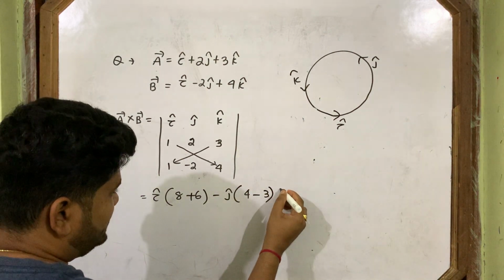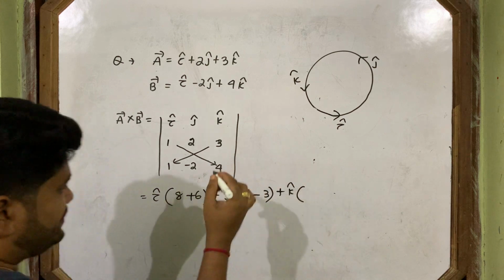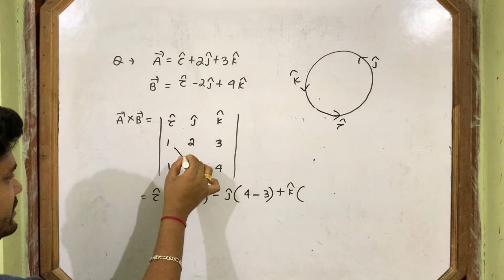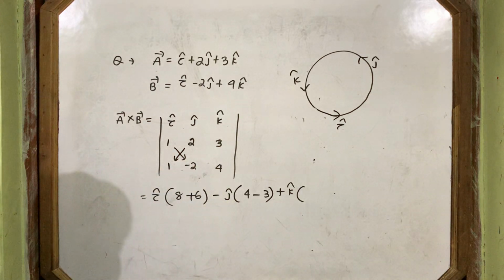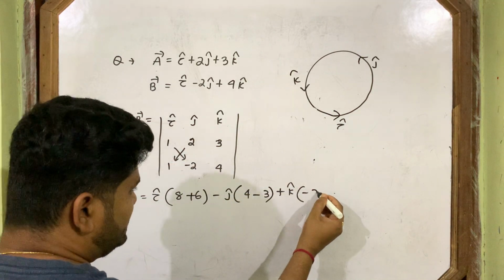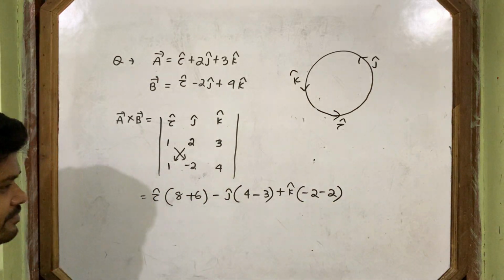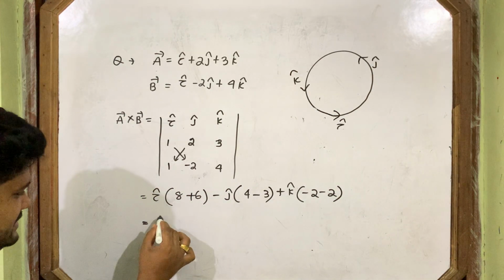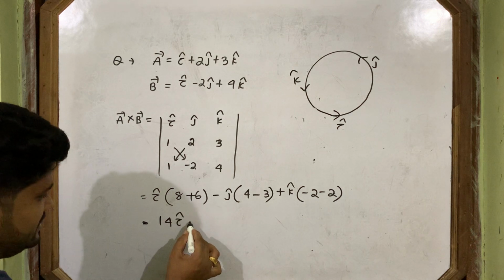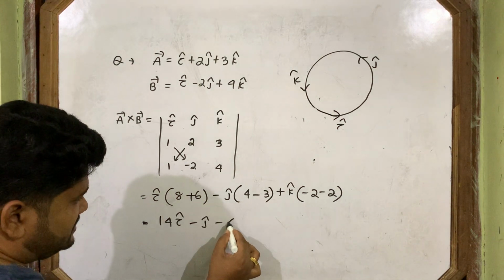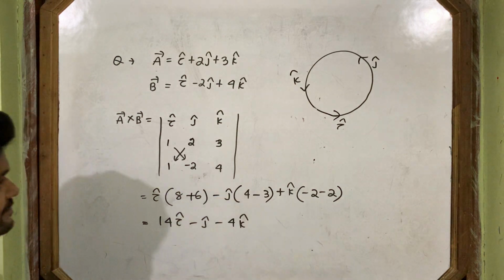Then come to k cap. If you do k cap, you see what I'm doing, this to this and this to this: 1 into minus 2, that is minus 2, then minus 1 into 2, that is minus 2. So now you see how easily we get the answer. So this is minus j cap and this is minus 4k cap.